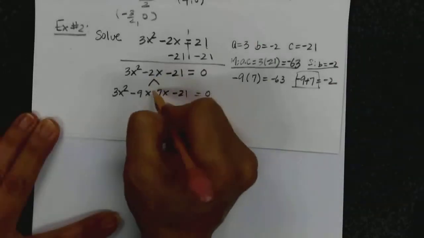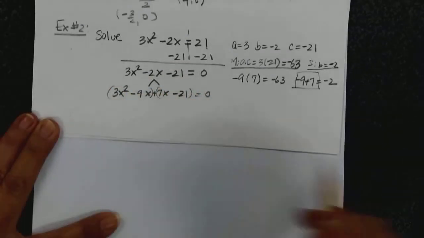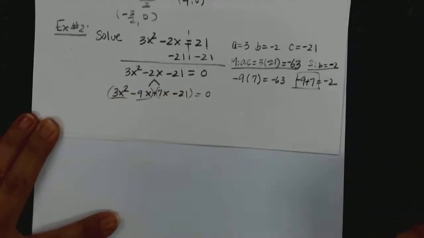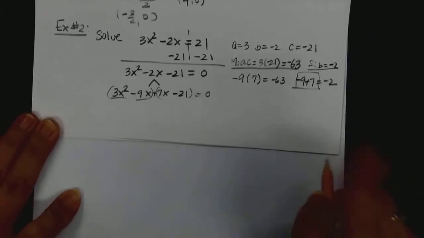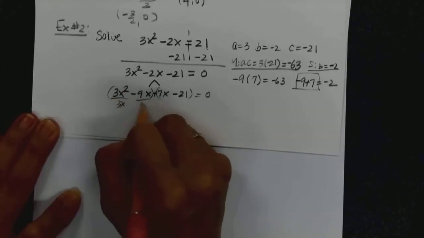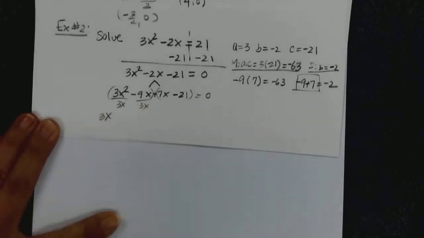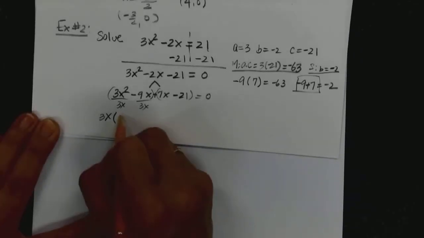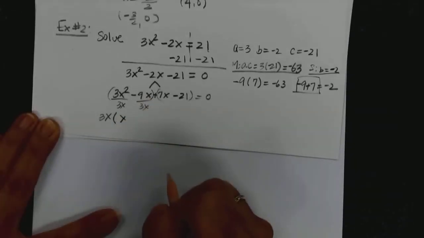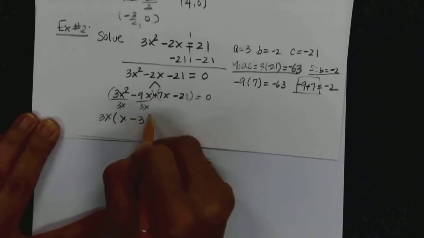After we split, we group the first two and group the second two. What's my greatest common factor between 3x squared and 9x? 3x. So remember, you have to bring it out. Now 3x squared divided by 3x is x, and 9x divided by 3x is minus 3.